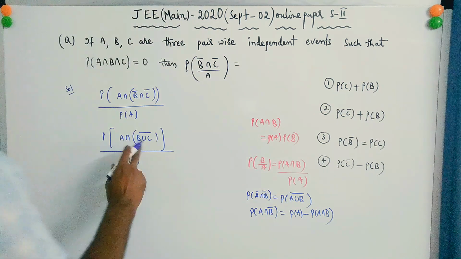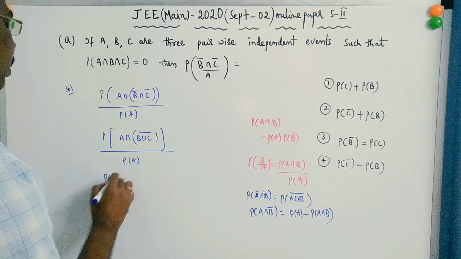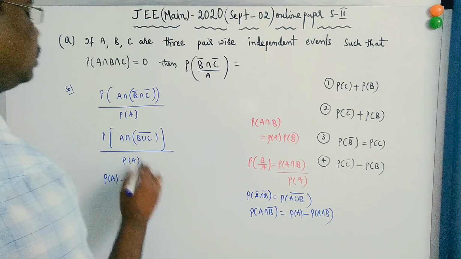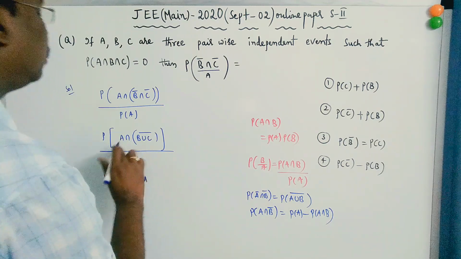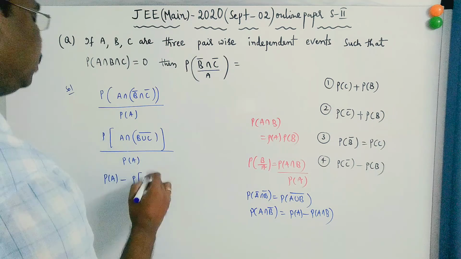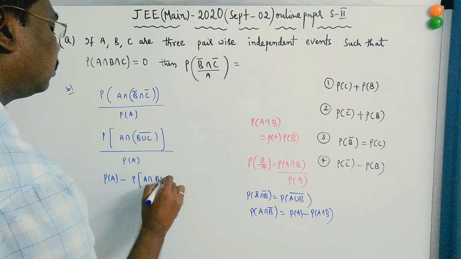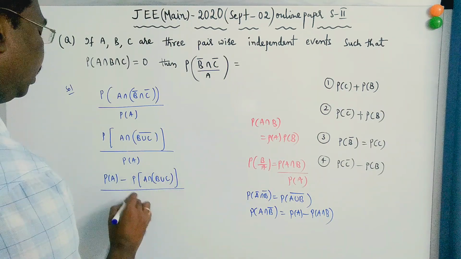Now P(A ∩ (B ∪ C) whole bar) is equal to P(A) minus P(A ∩ (B ∪ C)), divided by P(A).